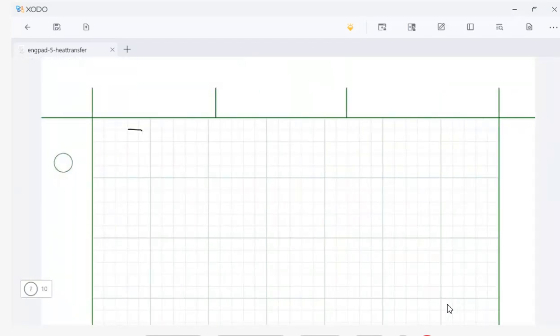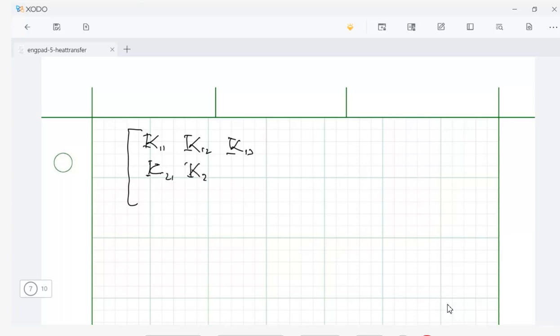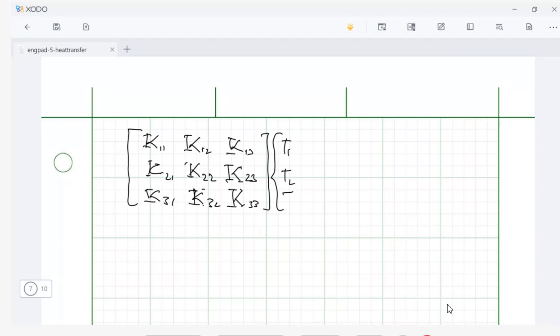So note that the system of linear equations is, again, this should be capital K: K11, K12, K13, K21, K22, K23, K31, K32, K33, times T1, T2, and T3, equal, of course, to R1, R2, and R3.